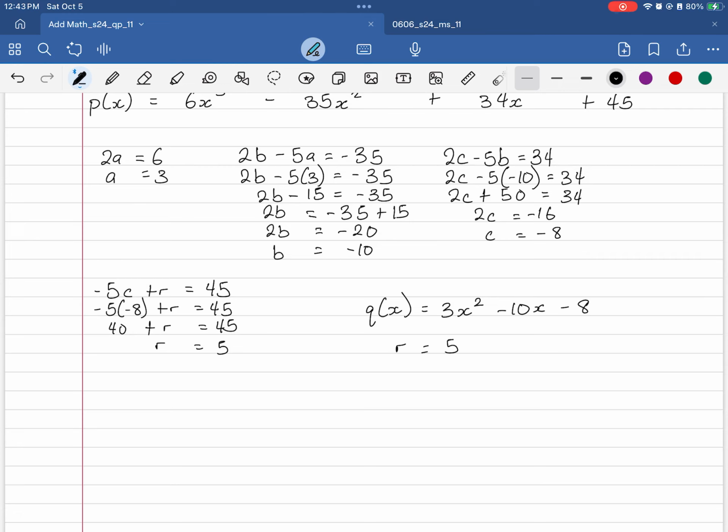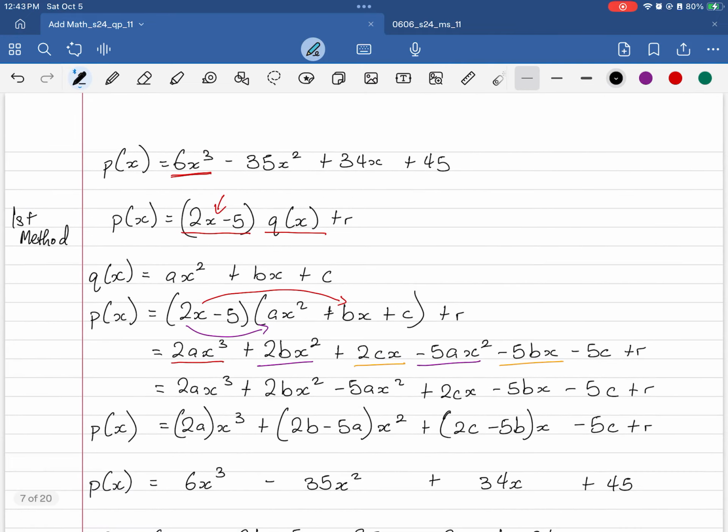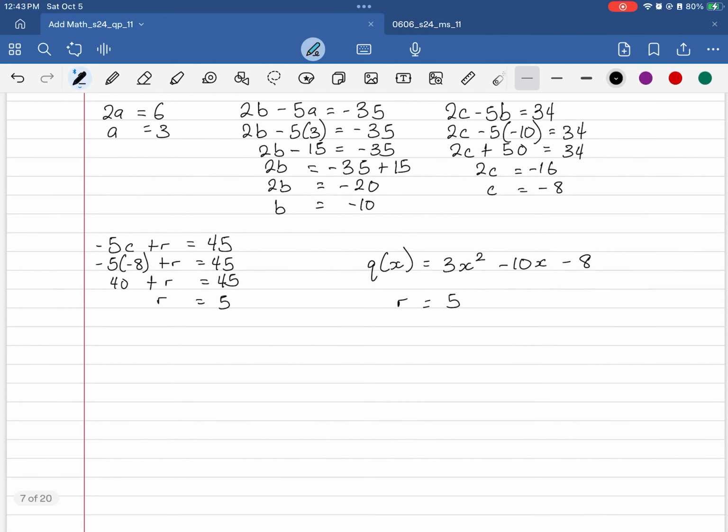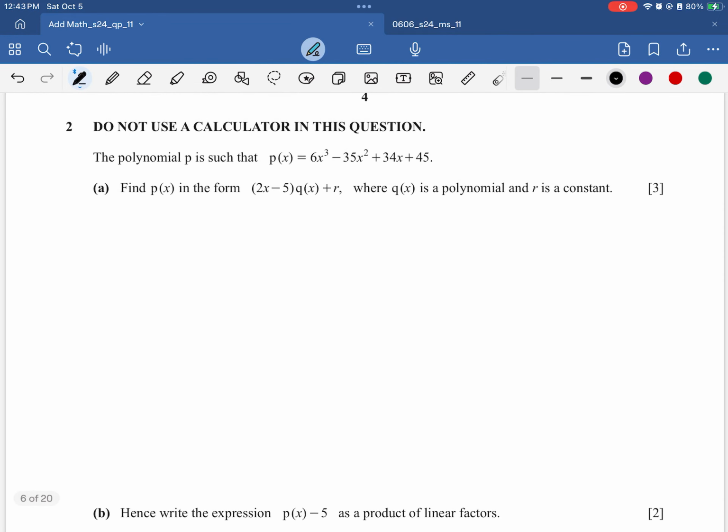So we can rewrite the whole p of x here in the form 2x minus 5. So our q of x, remember, was 3x squared minus 10x minus 8. And our r was plus 5.